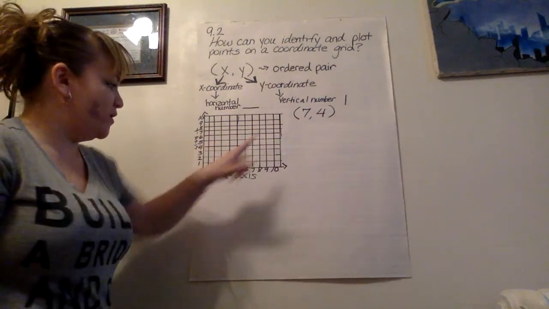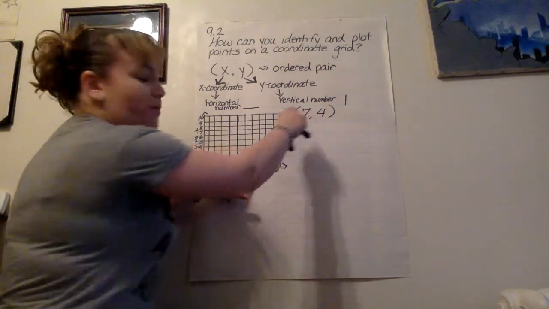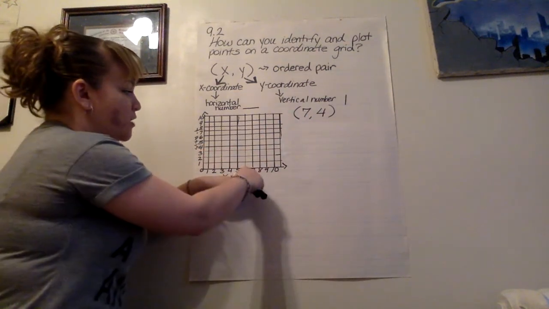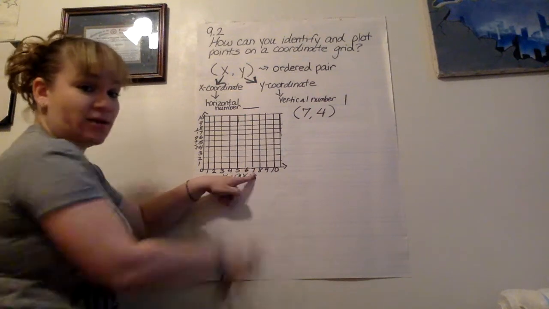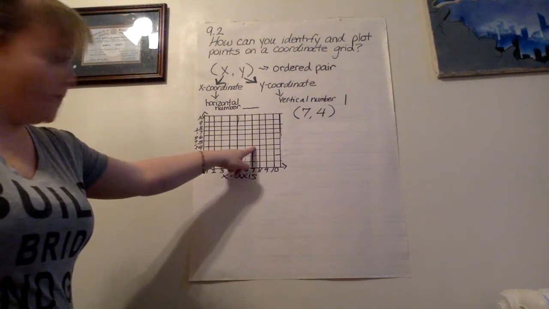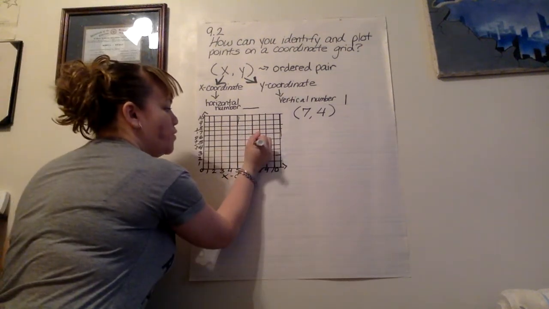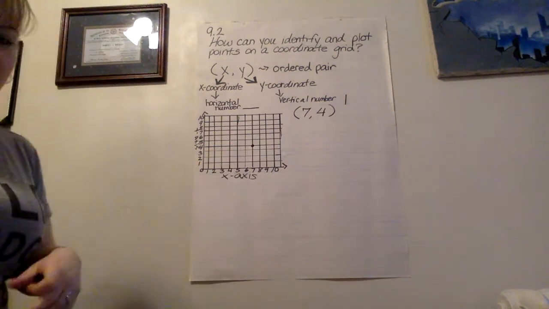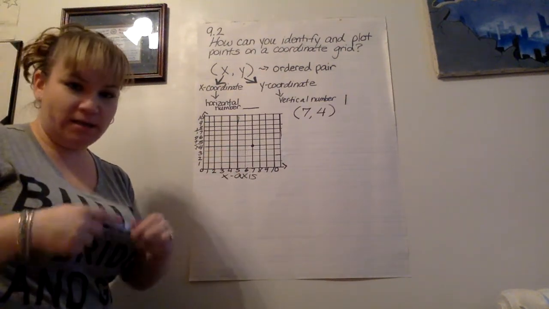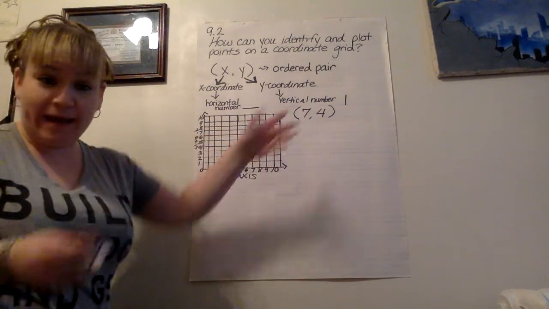7, that's first. Let me locate 7. Here it is. And then the next number is 4. So it's the Y axis, so I have to go up and down. I'm going from 7 up to 4, and I'm just going to put a big black dot there. Booyah. That is my coordinate point, 7, 4. And I can label it.